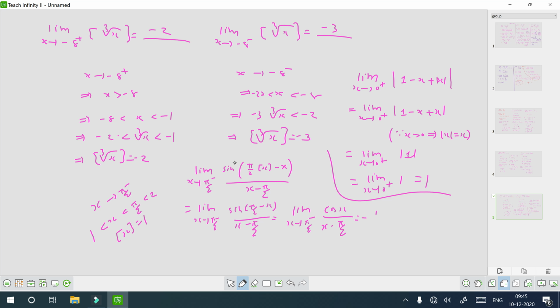Take minus sign common from the denominator. Limit x tends to pi by 2, x minus pi by 2 tends to 0 minus. Can I write here sin of pi by 2 minus x? Yes, over pi by 2 minus x. Limit theta tends to 0, sin theta by theta. Right hand limit is also 1, left hand limit is also 1. So its answer is minus 1.